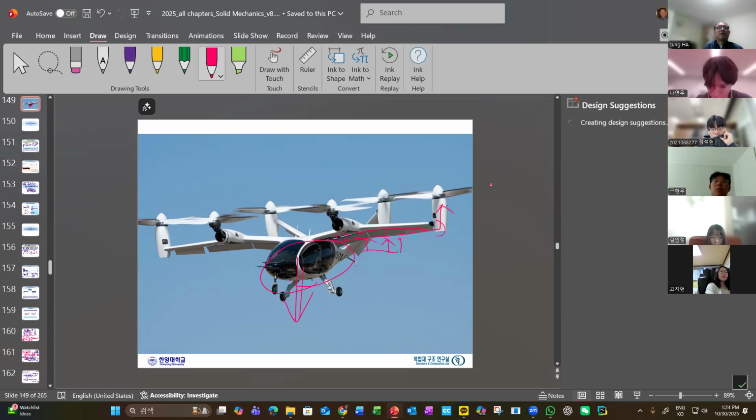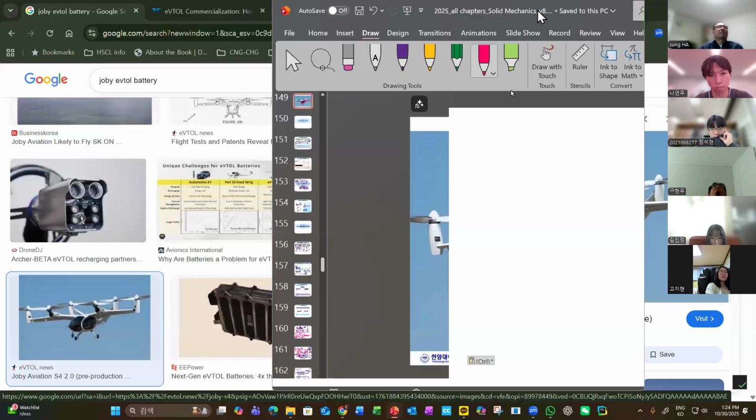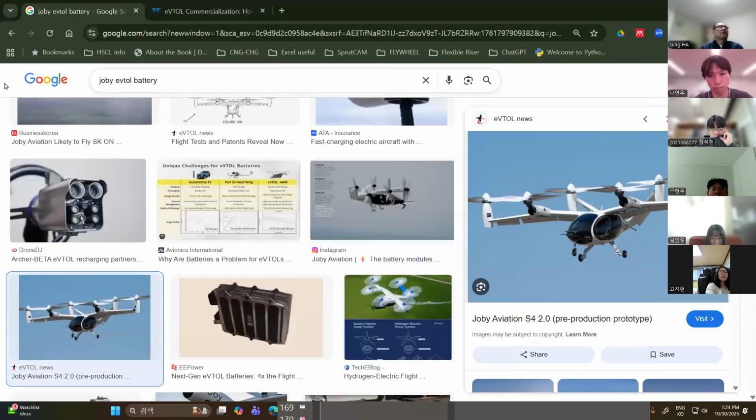So this can be called the beam structures. Let me find a better picture showing all types.